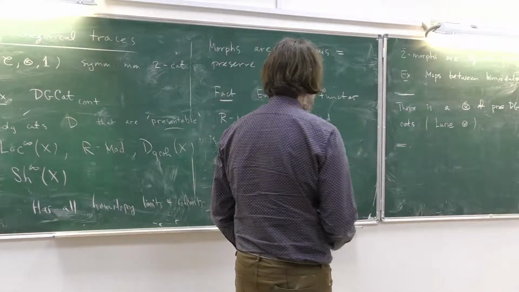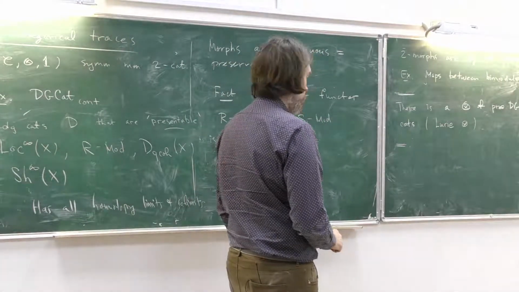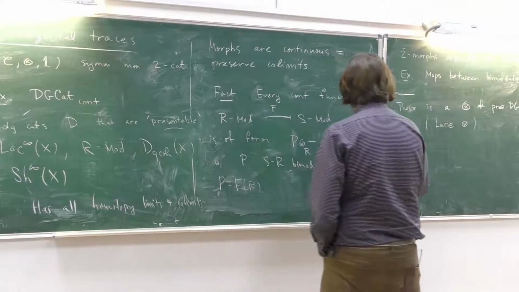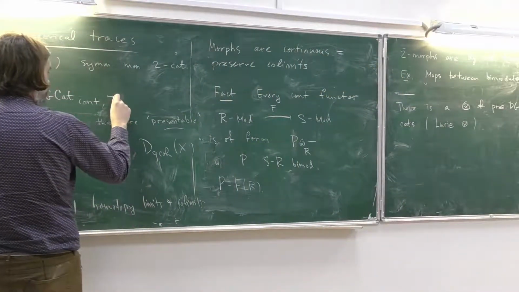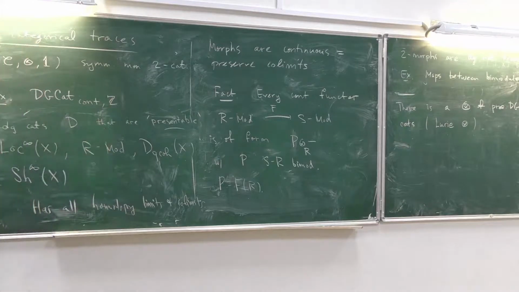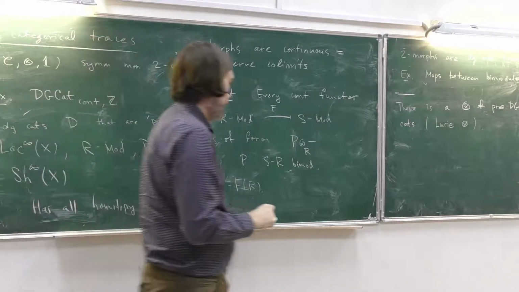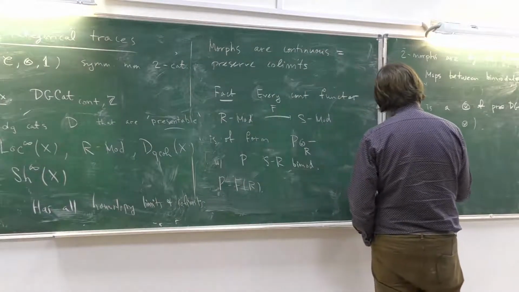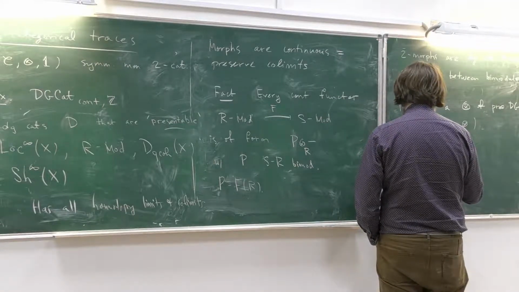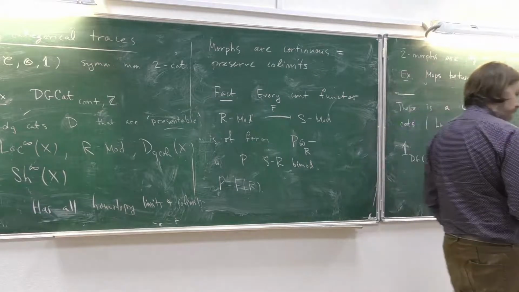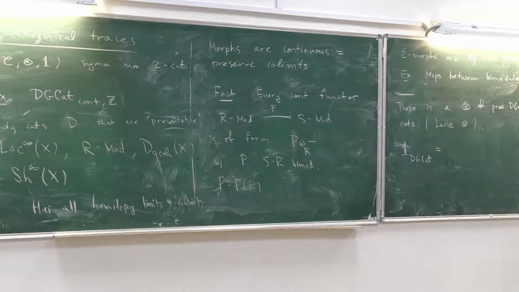Who is the unit object? Yes. So I should fix a ground ring. I could, for instance, take the integers. And so then 1 in DG cat is supposed to be an object of the category. Objects are DG categories, so the unit has to be a DG category.